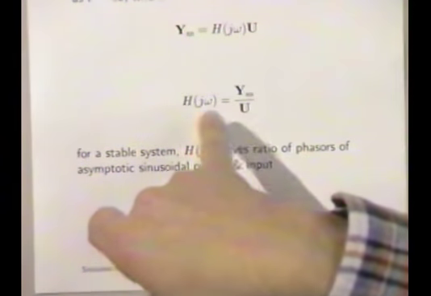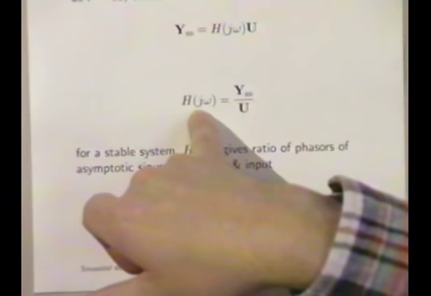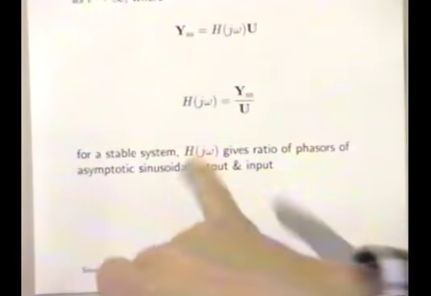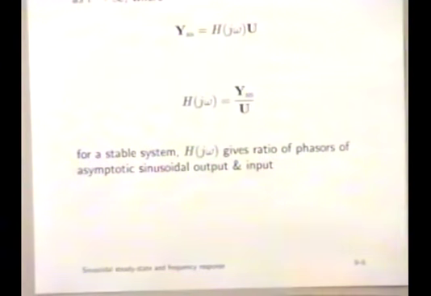So, for example, if this is a really large complex number, it says that the system has high amplification for signals of that frequency. If it is always a small complex number, it says that all frequencies are reduced by that system.